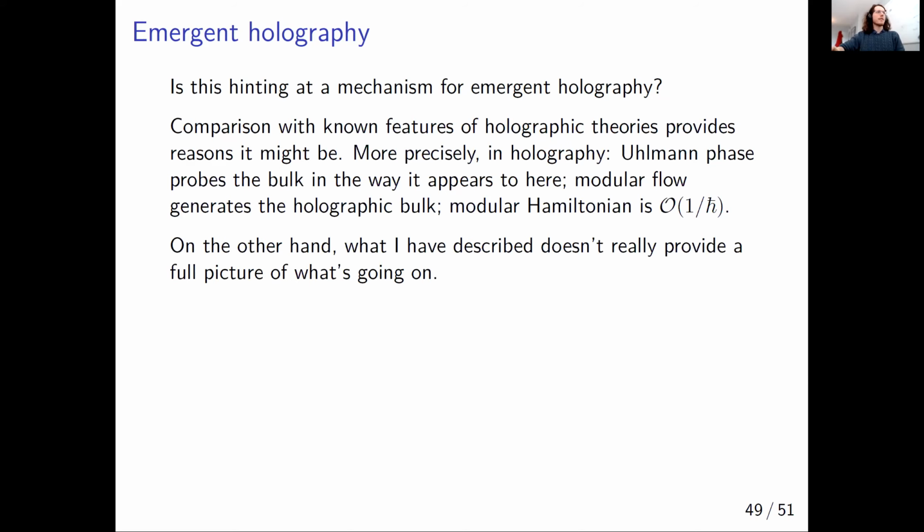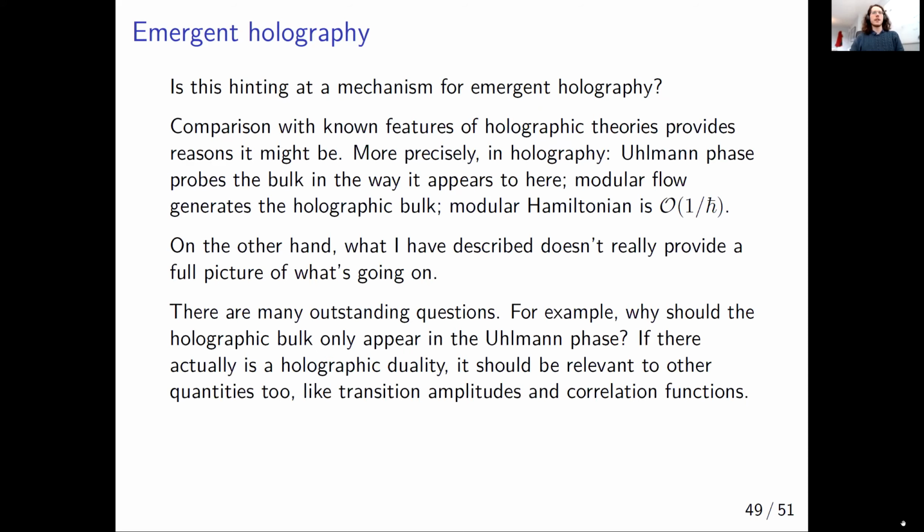But on the other hand, what I've described is really far from a detailed picture. And there are many outstanding questions. So perhaps the main question is, why should the holographic bulk only appear in the Almond phase? It should appear in other quantities too, like transition amplitudes and correlation functions.